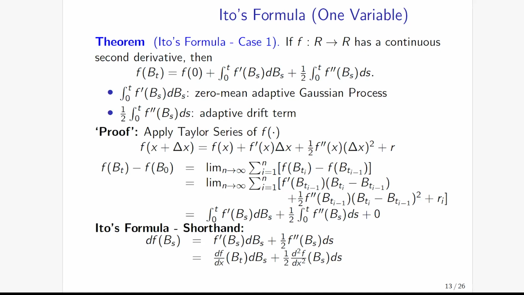And importantly, with this function of one variable, we get that the differential of the function is equal to the first derivative of the function evaluated at the Brownian motion plus a half the second derivative of the function. And so this is Ito's formula.